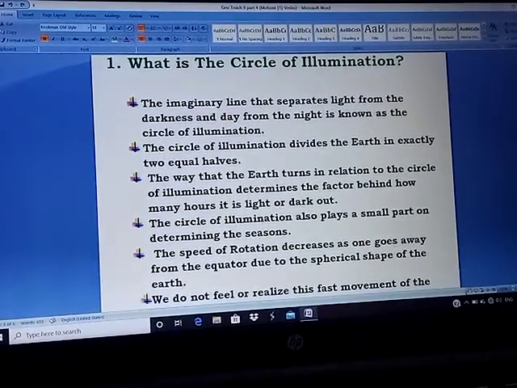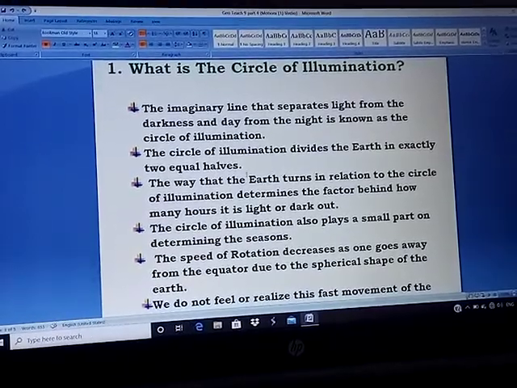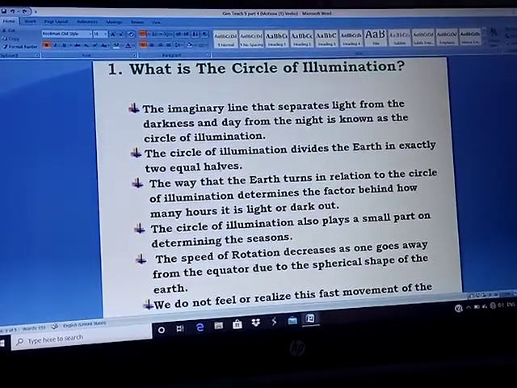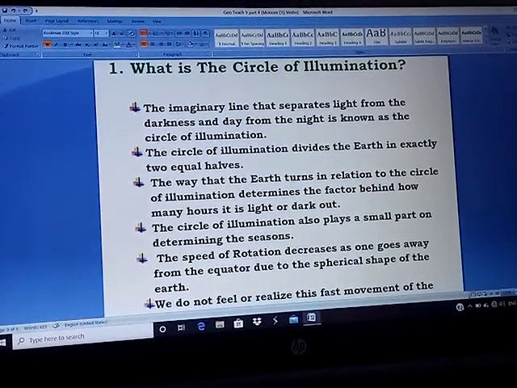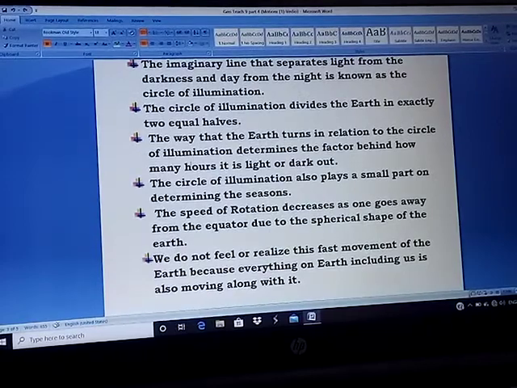The circle of illumination divides the earth into exactly two equal halves. The lighted part will be the day and the darkened part will be the night.